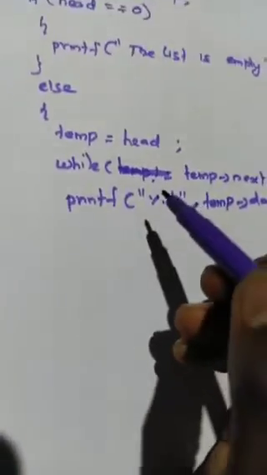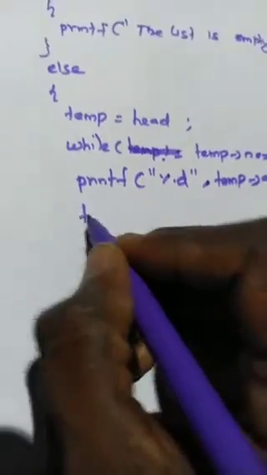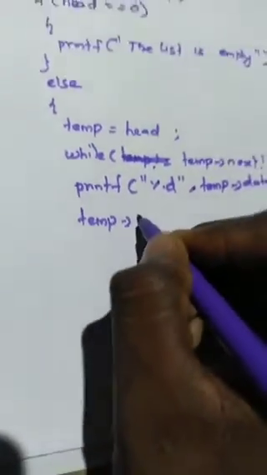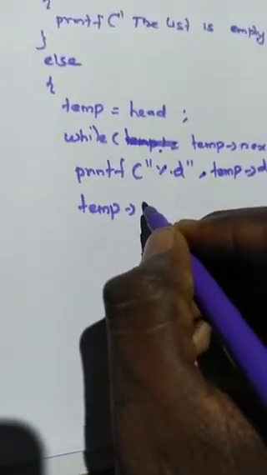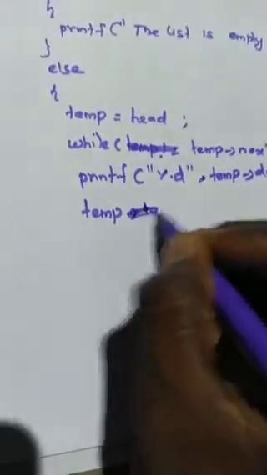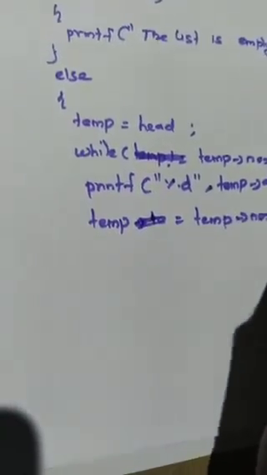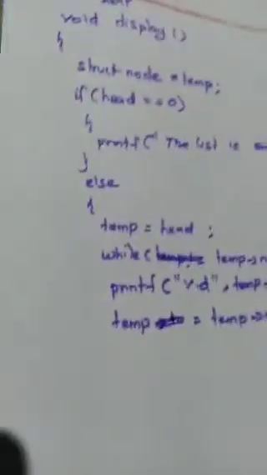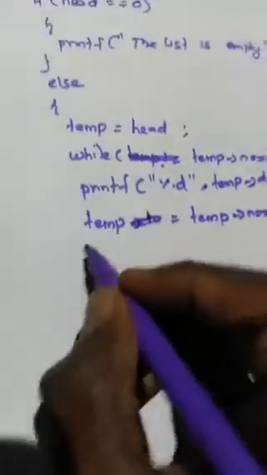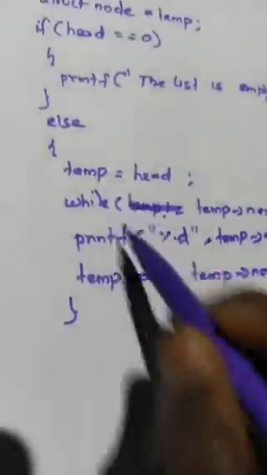As per this condition, after that I have to increment it, right? Temp is equal to temp next. So after printing the first data, it will point to the next one. It will print the first two data by using this logic, right?